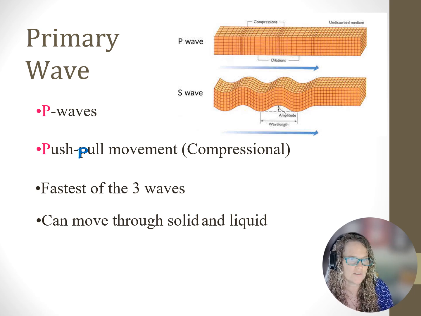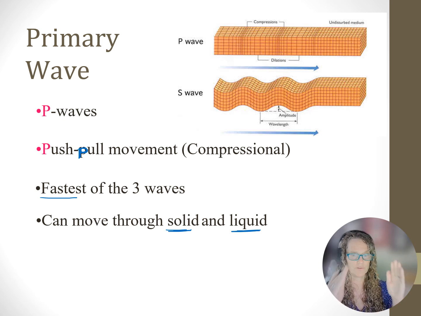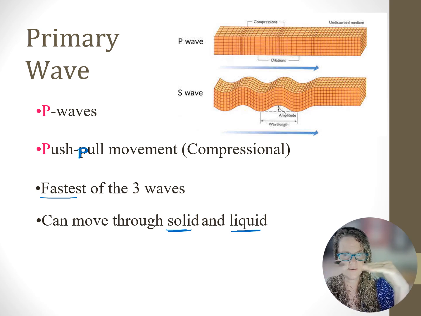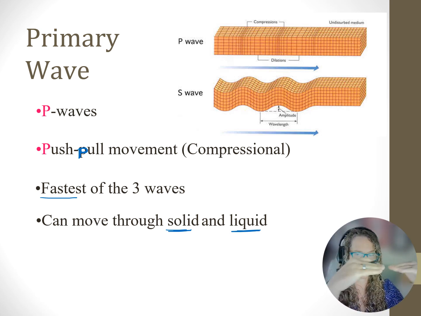So it squeezes, it pushes, and it yanks it back out, that pulls, and it moves really fast. So of the three seismic waves, this is the faster moving wave, and it has the ability to move through both solid things and liquid things in the Earth's crust, which is something to remember. And so it moves like this. So this wave is squeezy, and it just moves through while it's squeezing together.